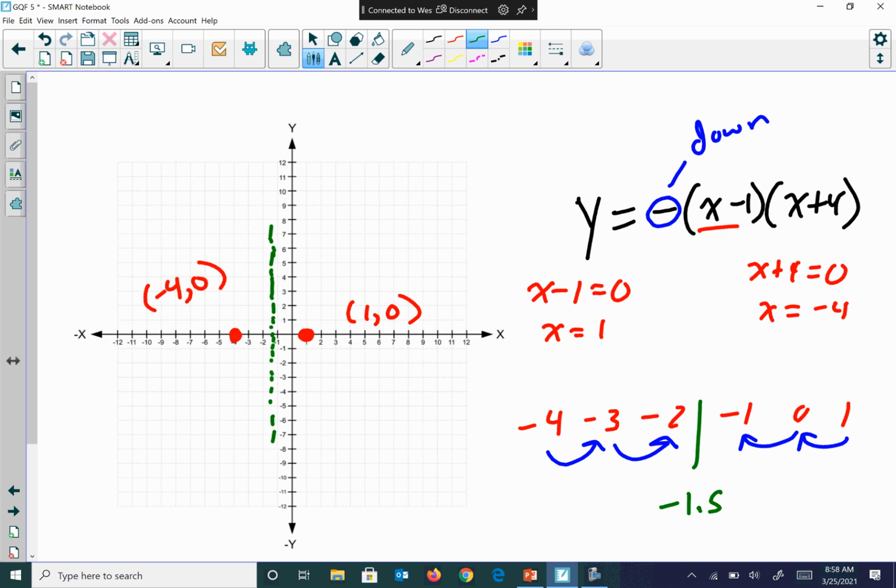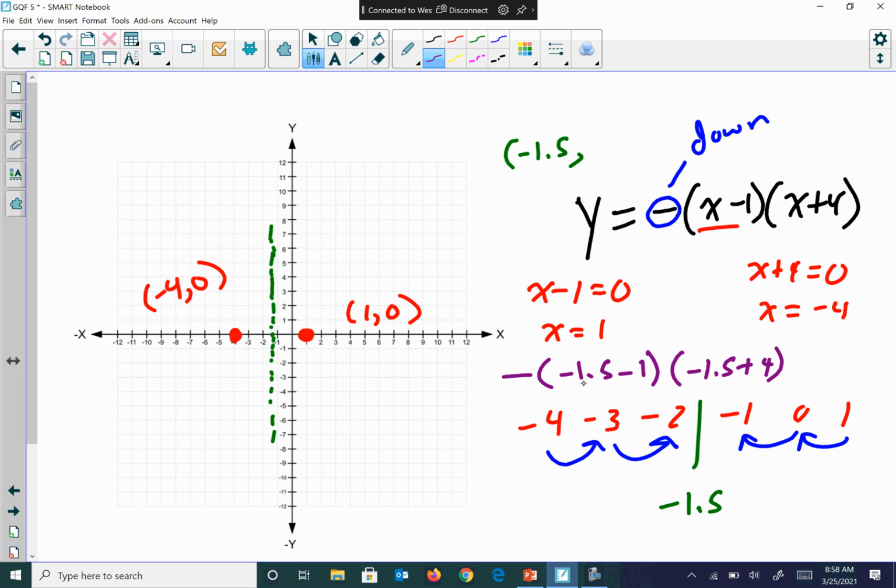All right, so I get negative 1.5 comma something. All right, let's figure this out. So I get negative 1.5 minus 1, and negative 1.5 plus 4. So, doing the calculator, I get negative, parentheses, negative 1.5 minus 1, close parentheses, parentheses, negative 1.5 plus 4, close parentheses.